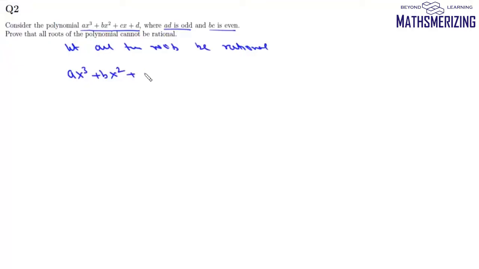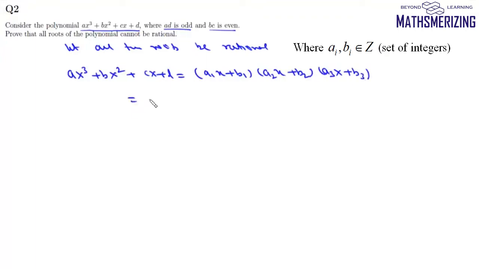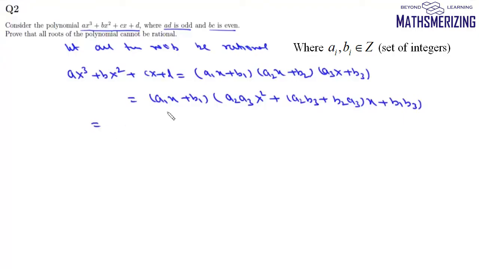So we can write ax^3 + bx^2 + cx + d equal to, say, (a1x + b1)(a2x + b2)(a3x + b3). Now we'll multiply them. We can write this as (a1x + b1) times (a2a3x^2 + (a2b3 + b2a3)x + b2b3), and now we'll multiply this also.